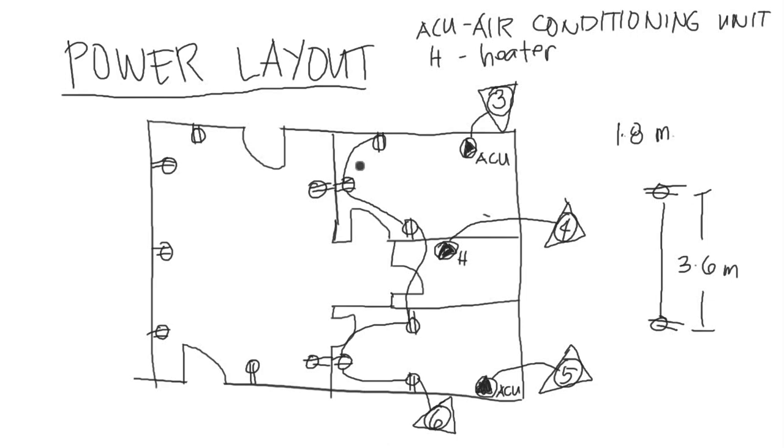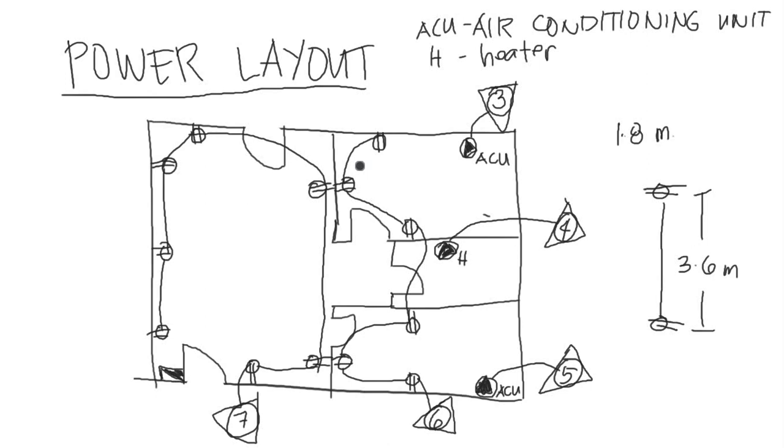So 6, 7. So there's a panel here. Therefore, there are 7 branch circuits for this residential building according to the plan that I have made.